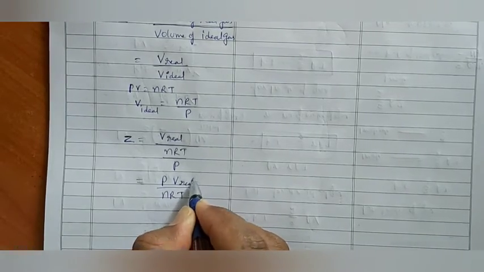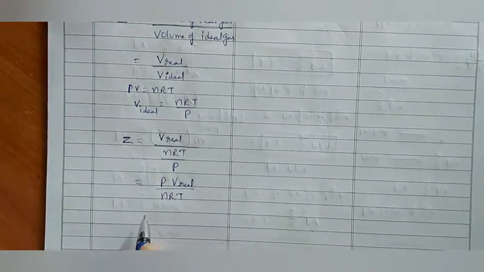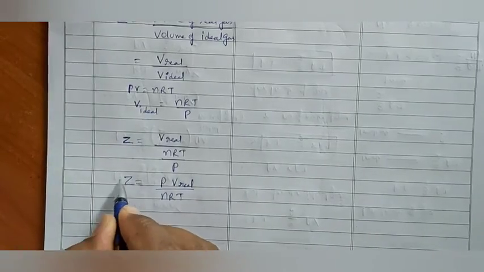V is nothing but real gas volume. This is for n moles of gas.